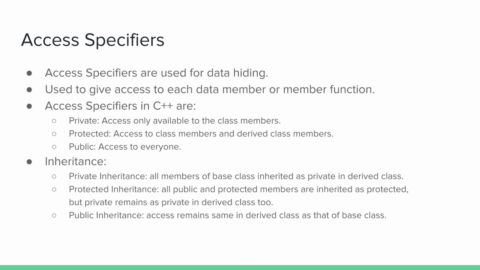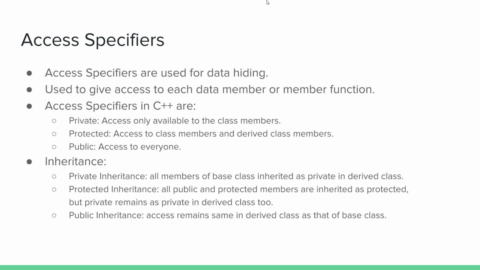Whereas if the class is inherited as protected, all the public and protected data members of the base class are inherited as protected in the derived class, but the private ones remain private still. When a class is inherited as public, the access specifiers remain the same in the derived class as they were in the base class.